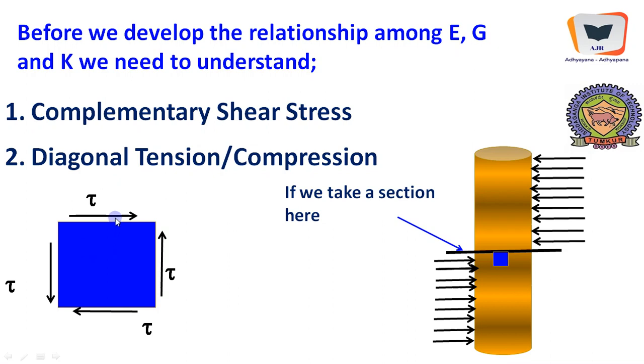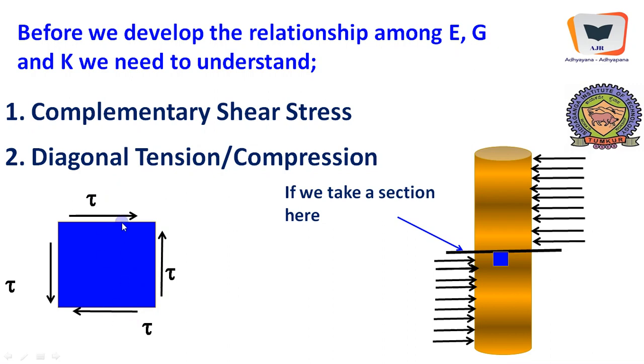This will develop first, and as a reaction this will develop, and the two stresses on the opposite surface will develop exclusively to safeguard the rotational equilibrium. So the stresses developed all around the surfaces of this elementary component, or a point within the stressed material, are called complementary shear stress.